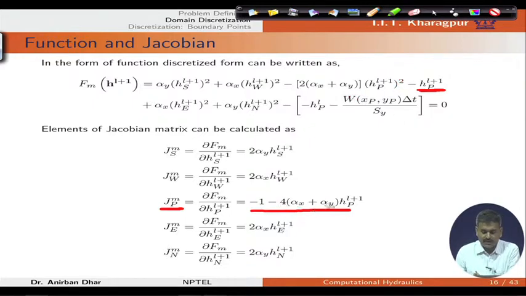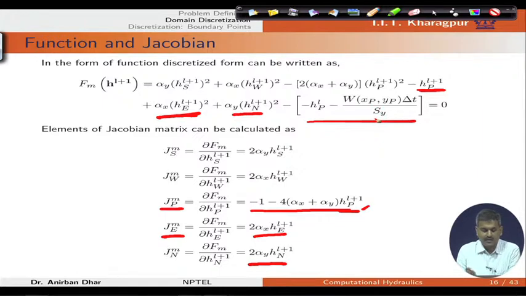So, 4 alpha x alpha y into Hp, then He on the eastern side we have 2 alpha x into He, 2 alpha y into Hn, this is there, and this is our right hand side term.